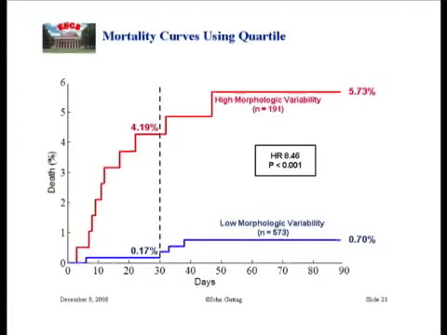Here's one evaluation. We took the 25% of the population that we thought was at the highest risk, and you'll notice that within the first 30 days, 4.19% of those people were dead. This is a retrospective study, by the way. The ECG had been recorded, and we had follow-ups on them.